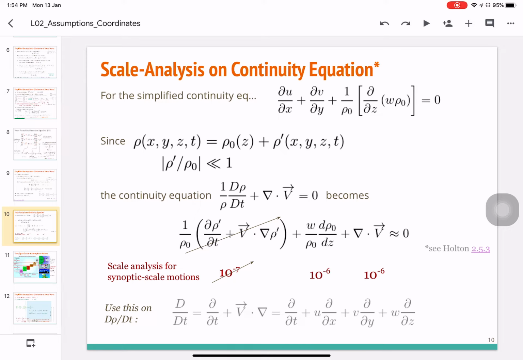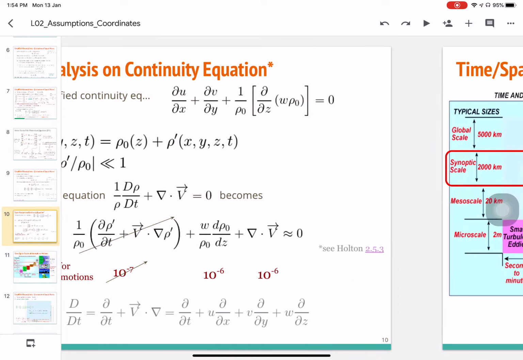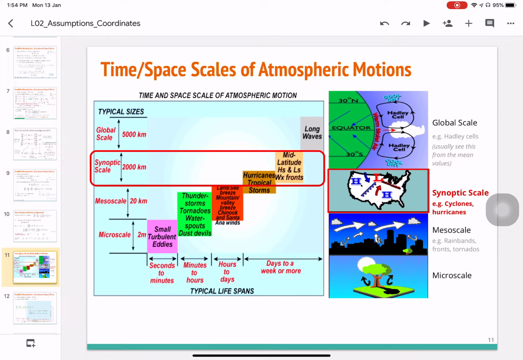Okay, so next we want to look at the equation that we have just developed, to see if it's realistic in a real situation. So here we are trying to do scale analysis for synoptic scale motions. If you forget what synoptic scale motions are, I have a slide here.